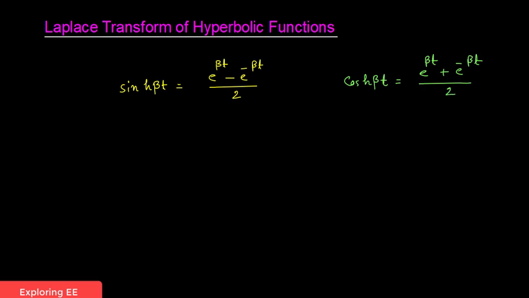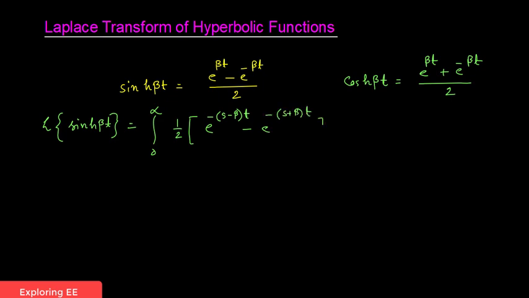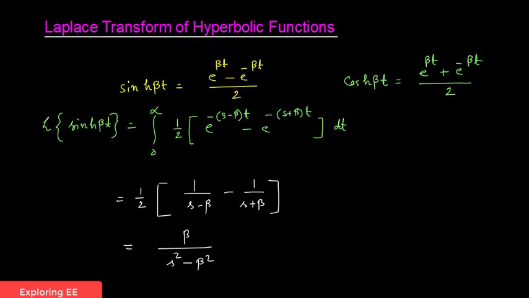So Laplace transform of sinh beta t is integral 0 to infinity half of e to the power minus st multiplied by sinh beta t. So it can be written as e to the power minus s minus beta t minus e to the power minus s plus beta t multiplied by dt, which gives us half of 1 by s minus beta minus 1 by s plus beta. If you compute the integral, you will find this. So this is the answer.